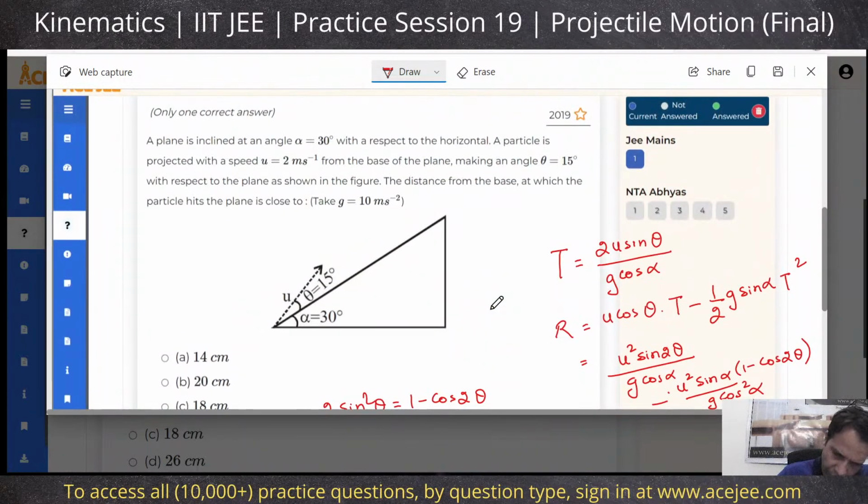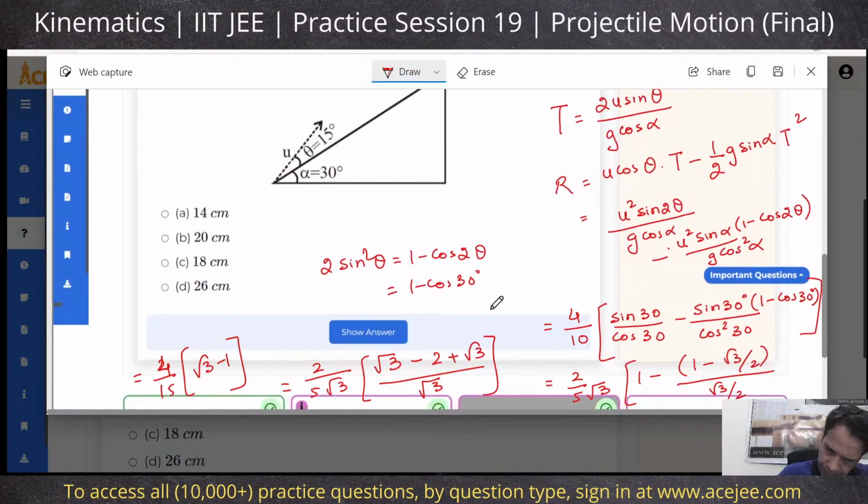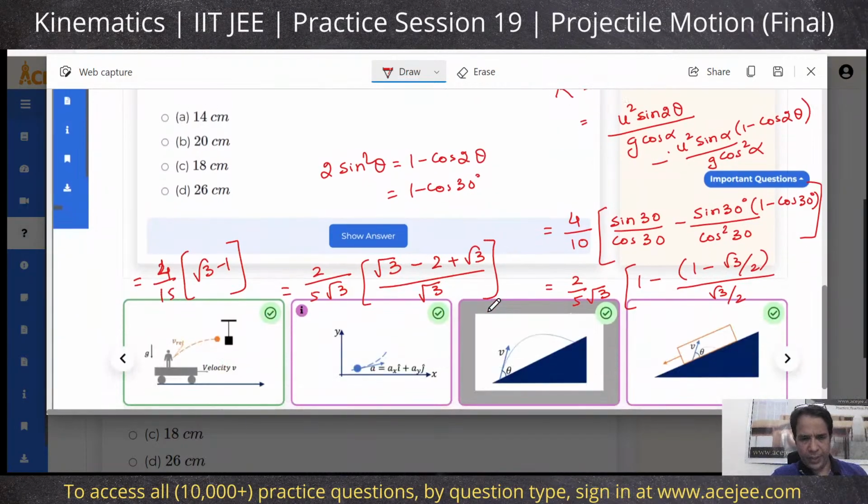Okay, so this is anyway in meters. So what do we get here? This is 0.732.